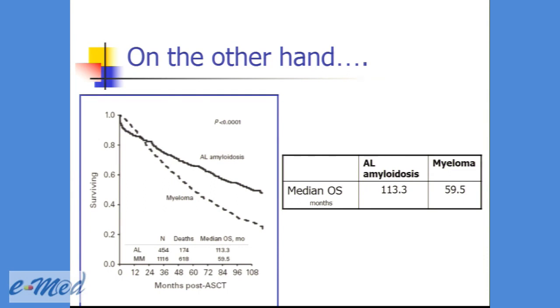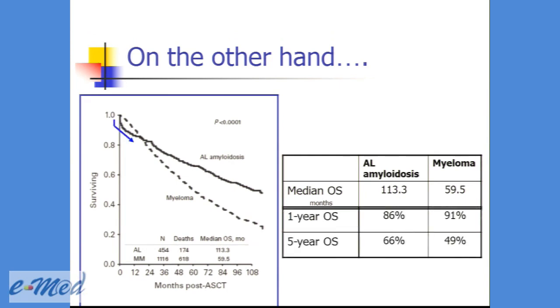For example, the median overall survival of AL amyloidosis, including hearts and not the heart, after transplant is over 100 months compared with only 60 months in symptomatic myeloma patients. But also know that in the first year, the AL amyloidosis patients do less well. They die more often than the myeloma patients. So it's truly a dangerous or risky procedure that needs to be considered very thoroughly.